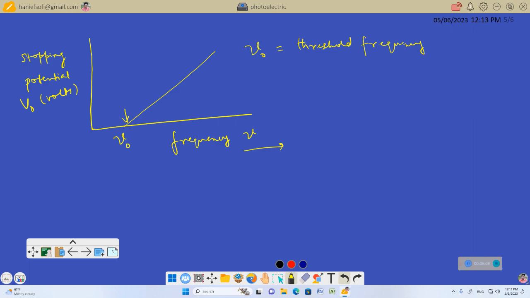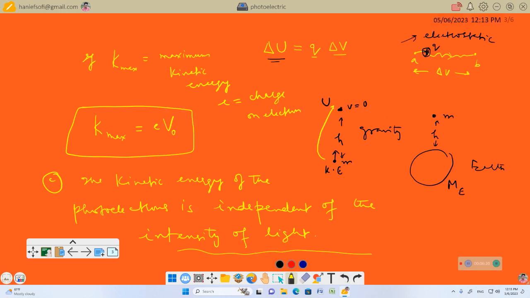Now, what is the importance of threshold frequency? At frequency equal to threshold frequency, stopping potential is zero. And from this relation, you can see the maximum kinetic energy of the electrons is equal to eV naught. That means for threshold frequency, Kmax is also zero. So for nu equal to nu naught, Kmax is zero, right?